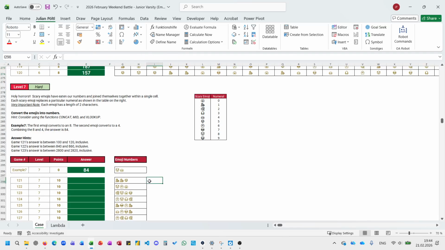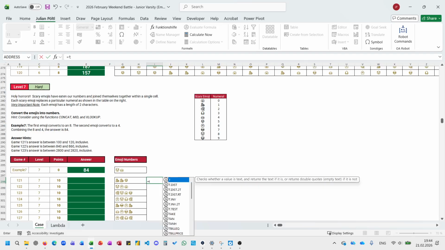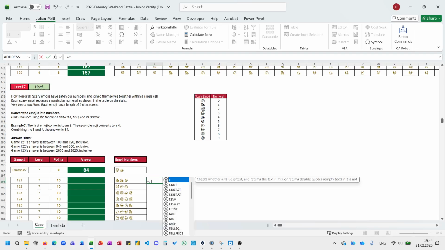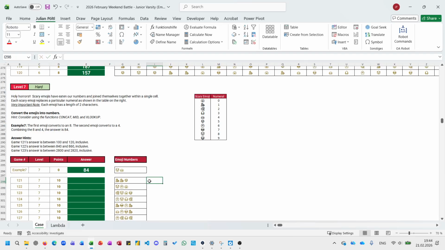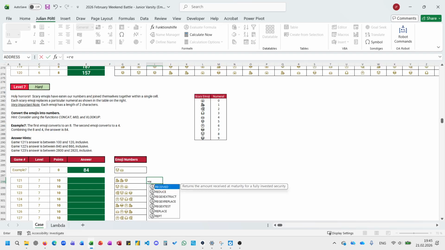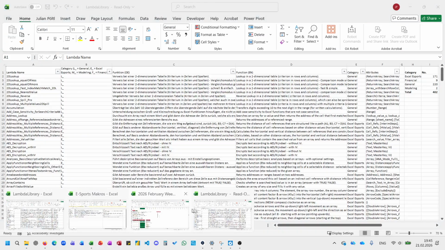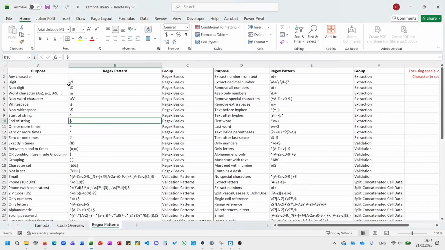Convert the emoji to numbers. I don't know if you can split them with mid-sequence, but there is regex extract, and I think it's regex/x or something. No. Okay, let me quickly take a look.